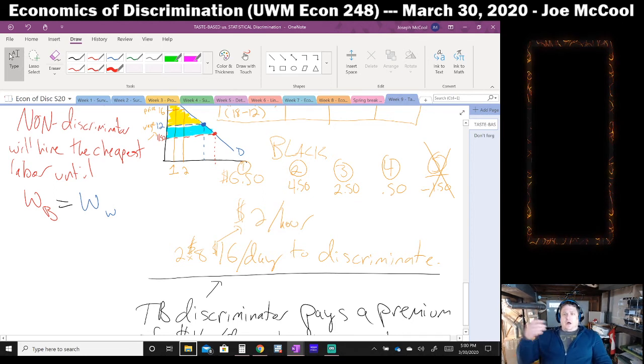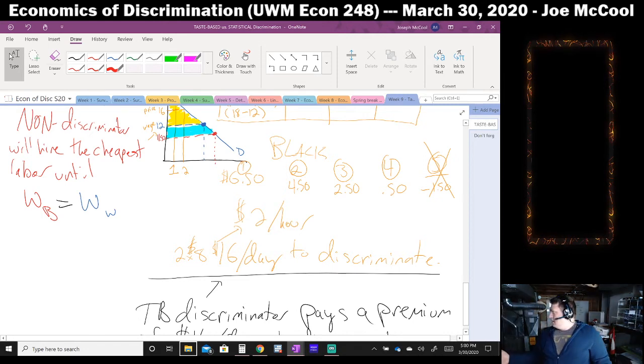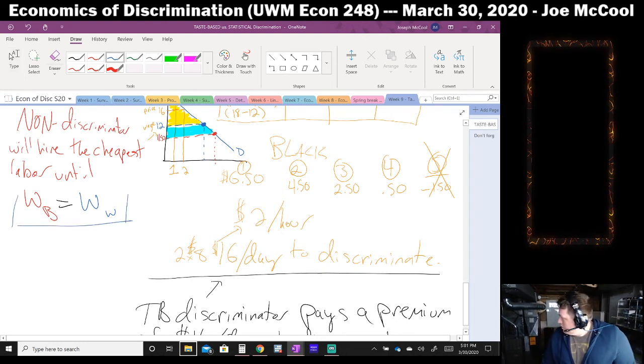So if there were 100,000 people who were willing to work for $11.50, then suddenly we hire up 10,000 of them. Well, now the ones who are left want to work for $11.60, right? And so this price keeps going up as there are fewer and fewer people in that job pool.